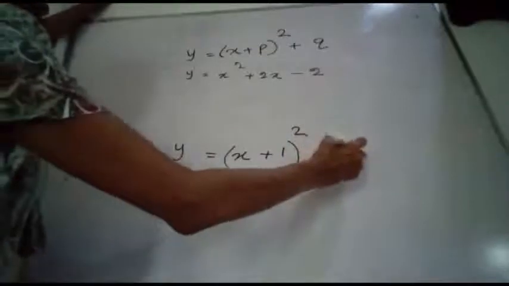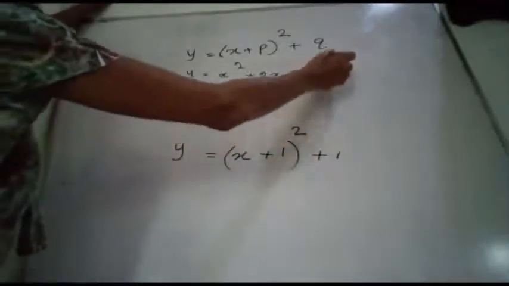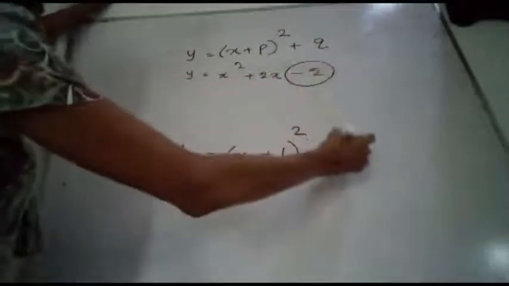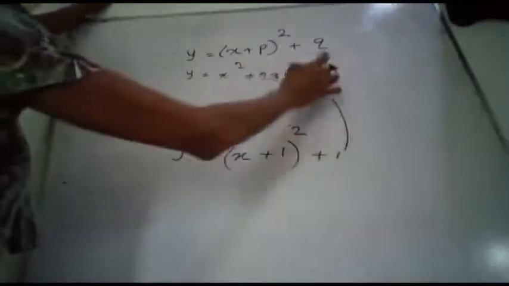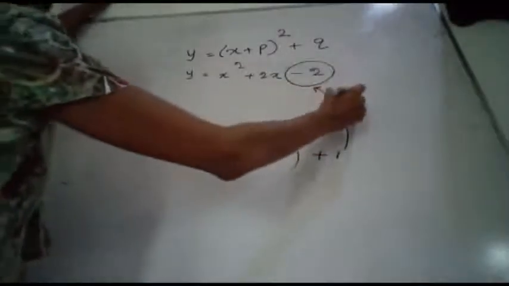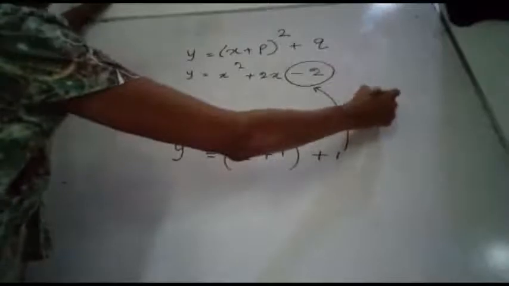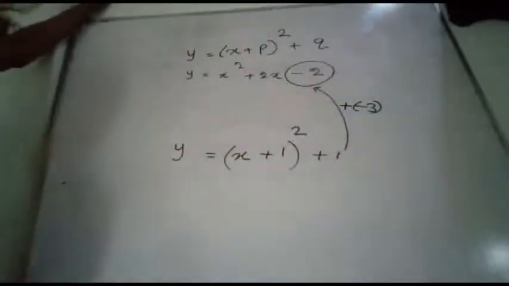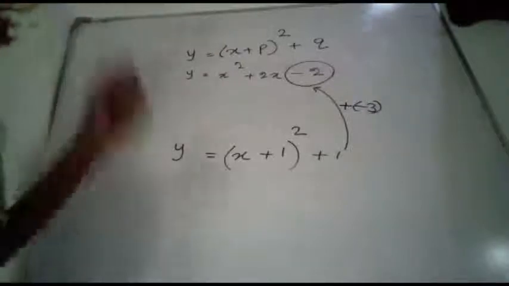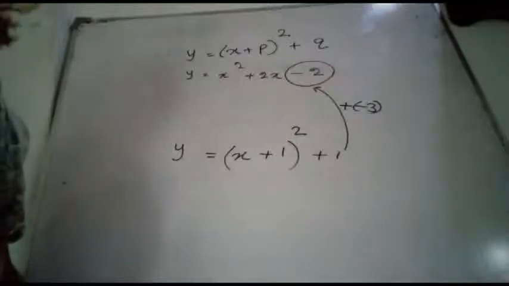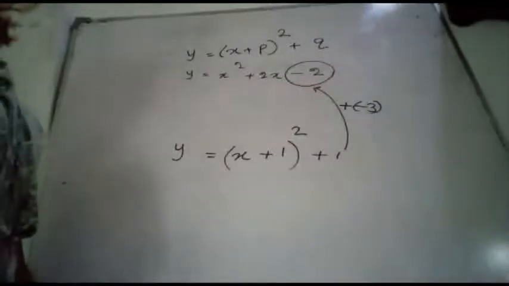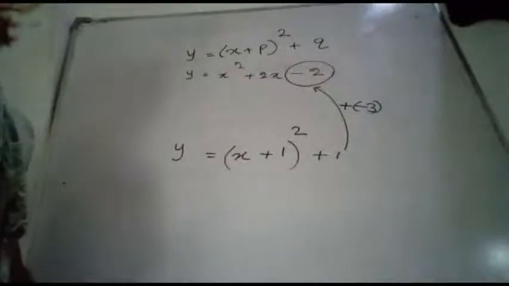But here it is -2. How do we convert 1 to -2? We add -3.